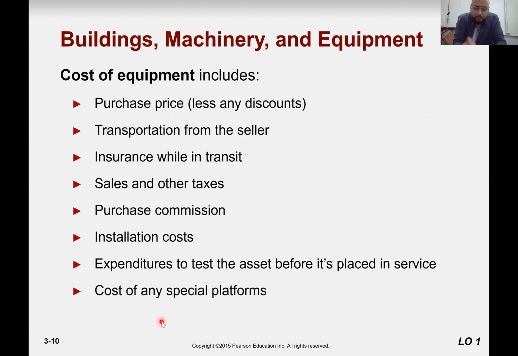Similarly, anything that you pay before the first-time usage of that item is the cost of that item, whether it's land, a building, anything. Insurance, freight charges, transportation charges, sales taxes, installation, commission, agency fees, any discount you get, but the discount must be subtracted. I hope you understand, because whenever you receive a discount, your cost price decreases, right? So that is just a small point.